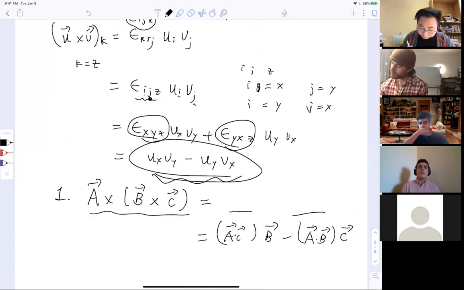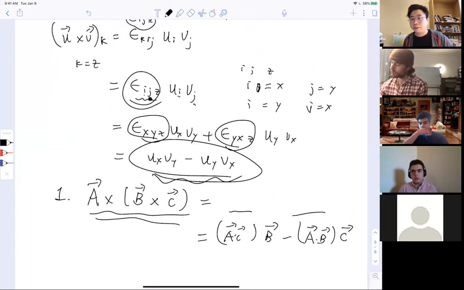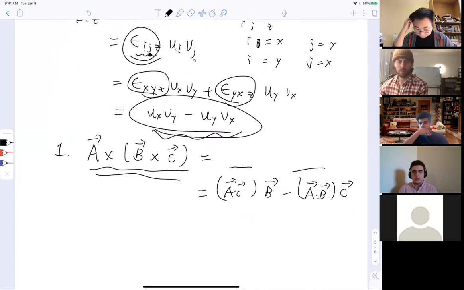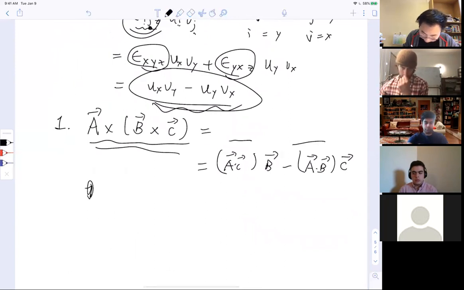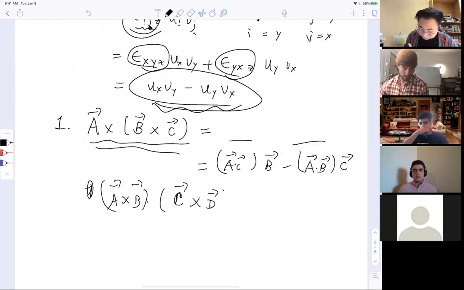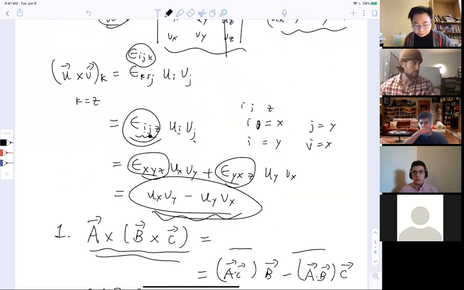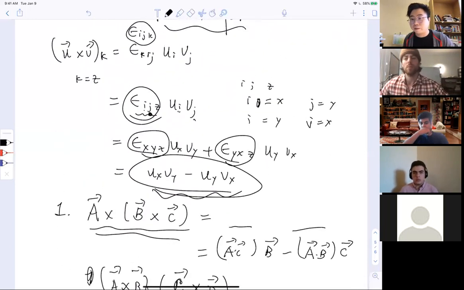But I can prove this equation using the epsilon symbol in one minute, very easily. Also for (a cross b) dot (c cross d), if you want to simplify such expressions, you will find this index notation is very convenient.